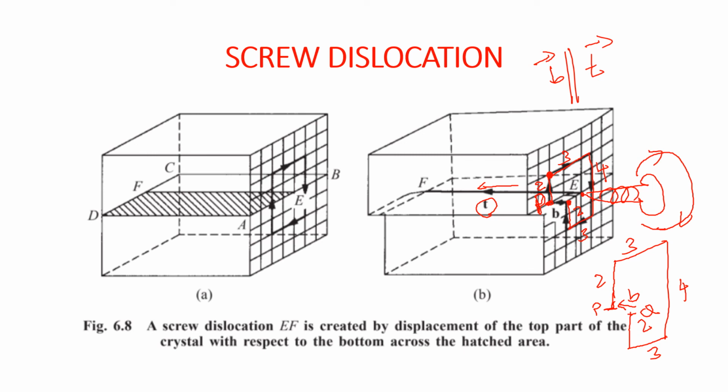So the displacement is along the screw, along the axis of the screw's motion. It is not the same in the case of edge dislocation. So that is why the name screw dislocation appears here. Here also there are positive and negative screw dislocations.